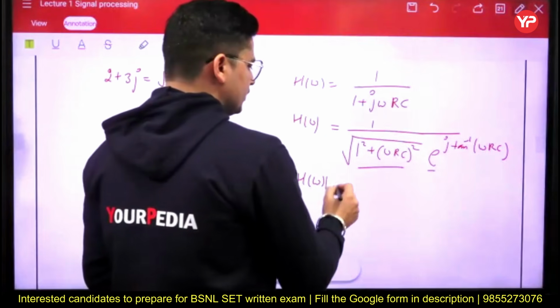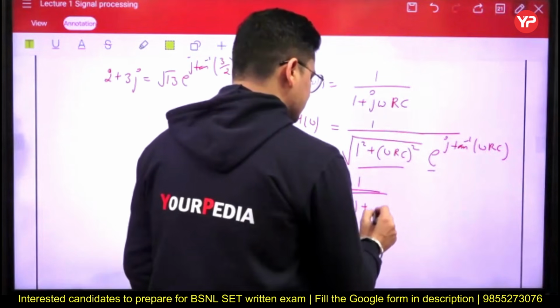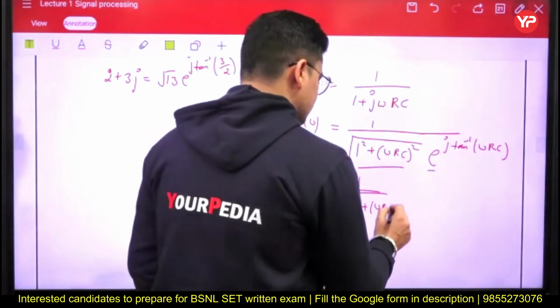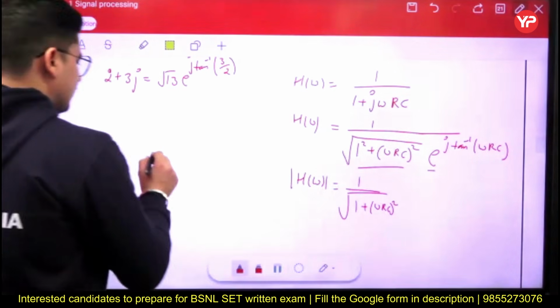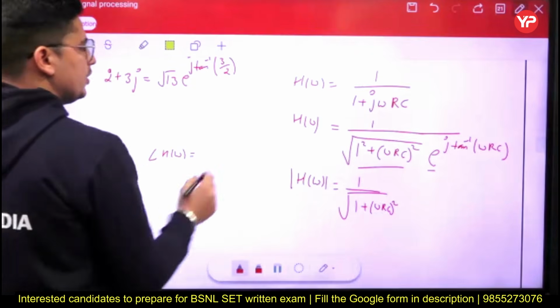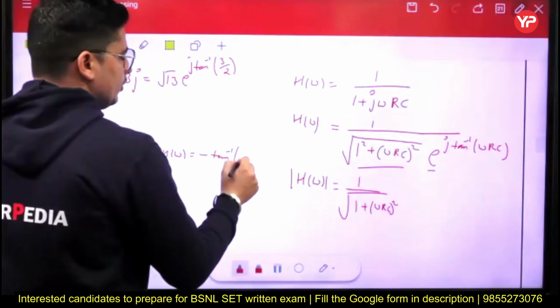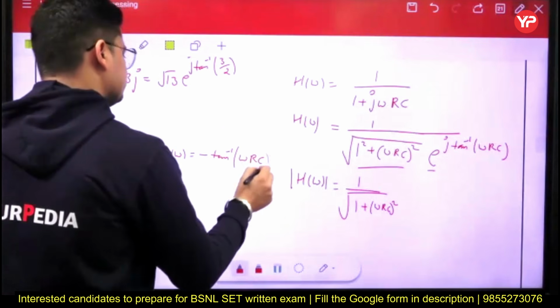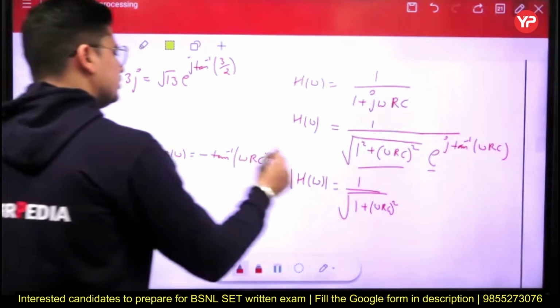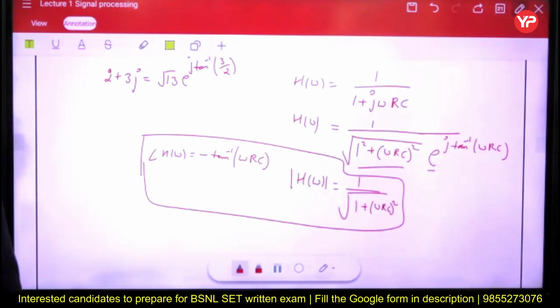The magnitude of h of omega is 1 upon under root of 1 plus omega rc whole square, and the angle of h of omega is going to be minus tan inverse omega rc. So this is the angle, this is the magnitude.